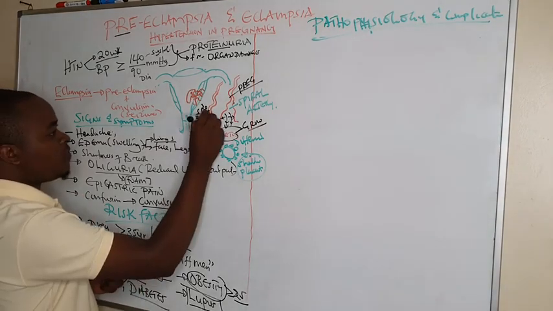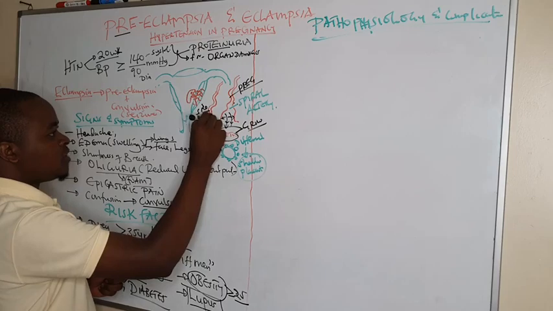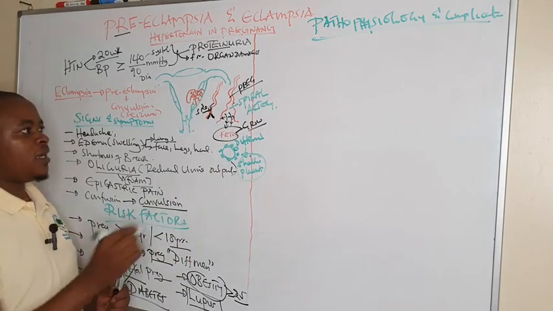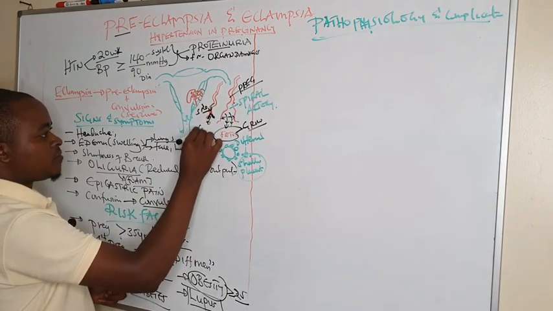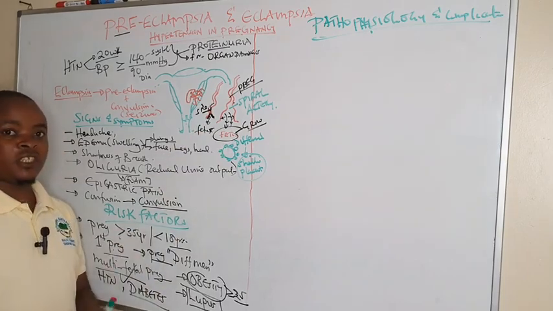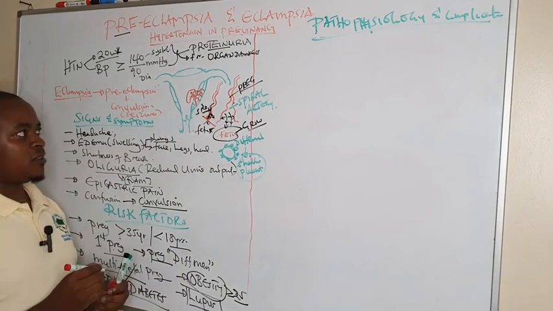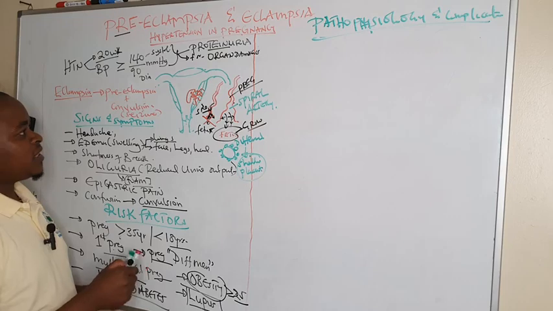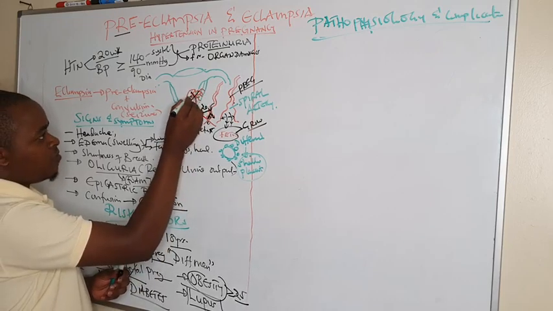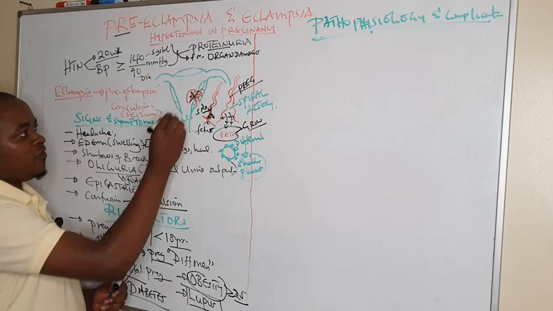Because of failure of this spiral artery to dilate, it becomes narrow, and there is restricted blood supply to the fetus. So blood supply is not sufficient to supply nutrients and oxygen. The fetus is suffocating, with not enough blood supply and oxygen supply with nutrients.